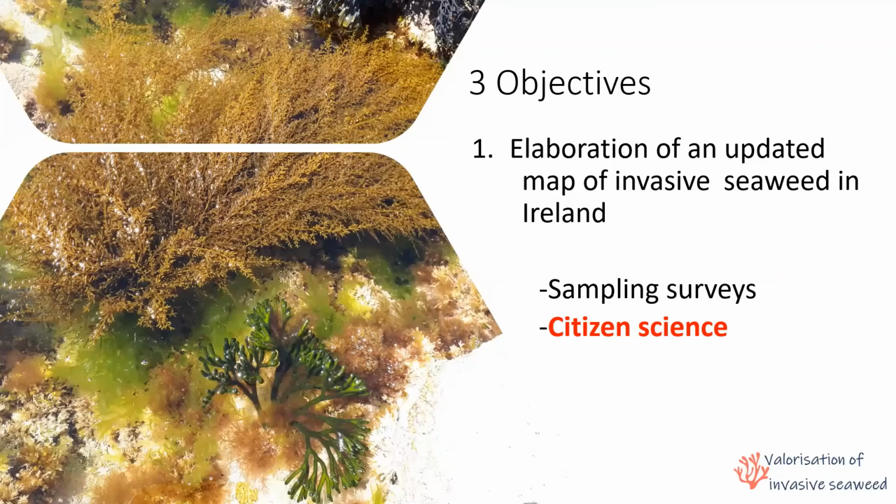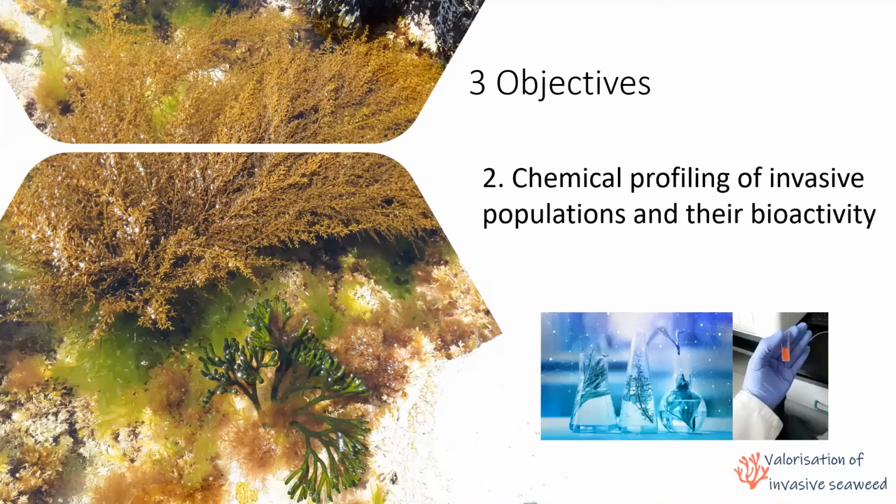For this, we pose 3 objectives. One is the elaboration of an updated map of invasive seaweed in Ireland. We will be doing this by 2 means. One is a sampling service, and the second one is citizen science. And this is where all of you become very important. The second one is the chemical profiling of these invasive populations and their bioactivity.